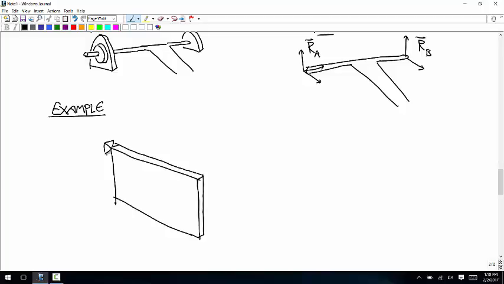And it's supported by two cables. One that goes from this point C to a spot above it on the wall.